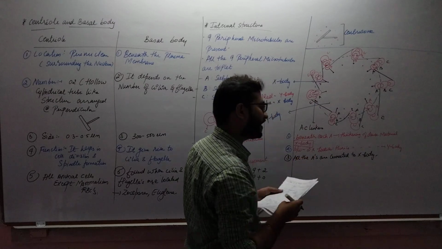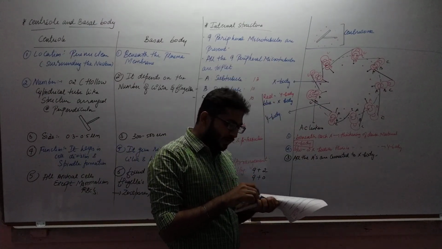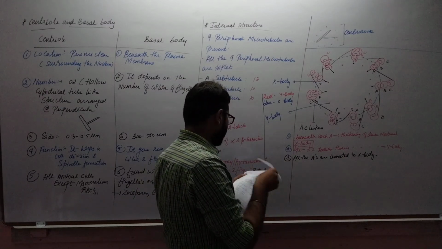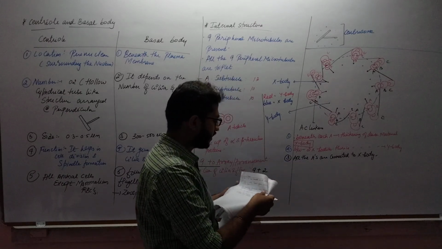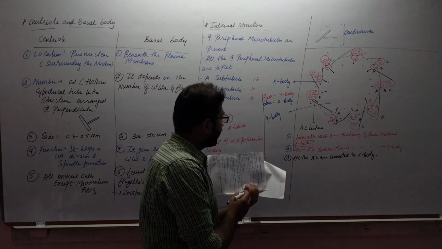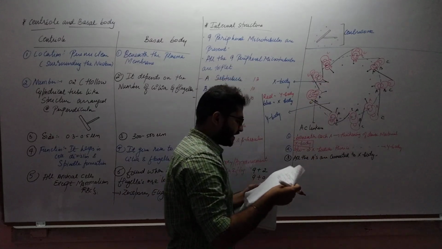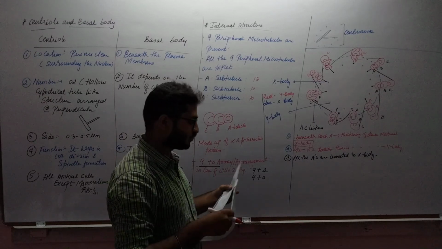All the A's are connected to X body. X body and Y body are also connected with each other, right? So X body and Y body, we have to show both of them in one connection. So blue one is X body and the red one is Y body, right? So let us connect and make the structure.